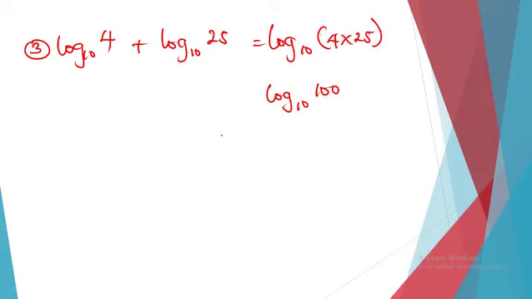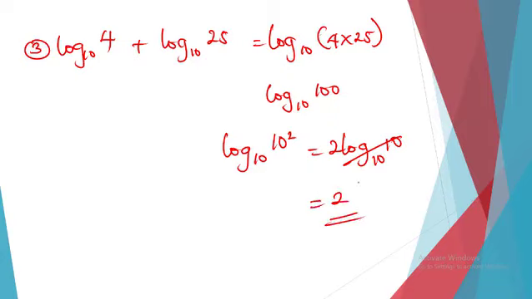But remember, log 100 base 10 is something as log 10 squared base 10. Is that correct? So we have 2 log 10 base 10, and then this will cancel this since it is 1, and then 2 times 1 will give us what? 2. So giving us our answer to be what? 2. Do we understand now?